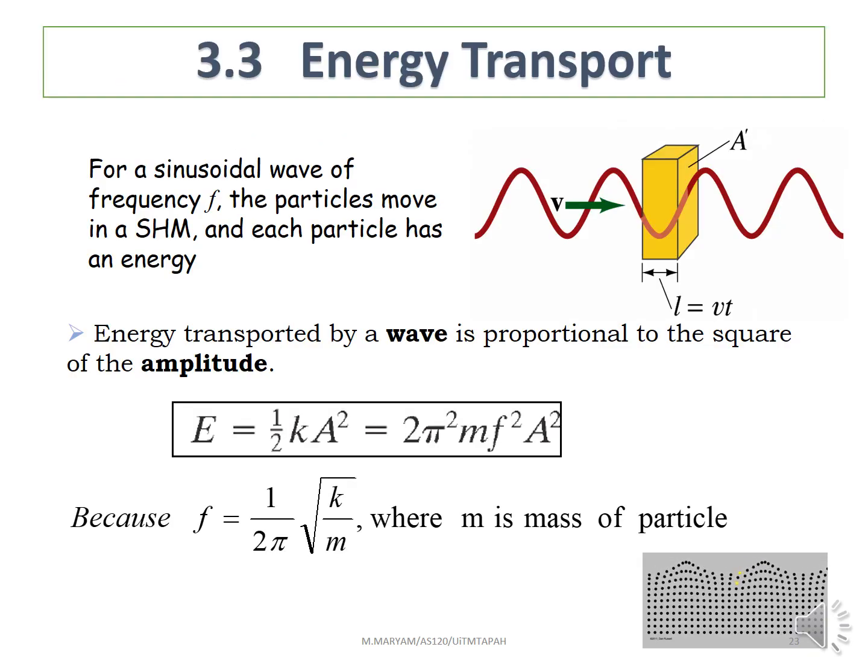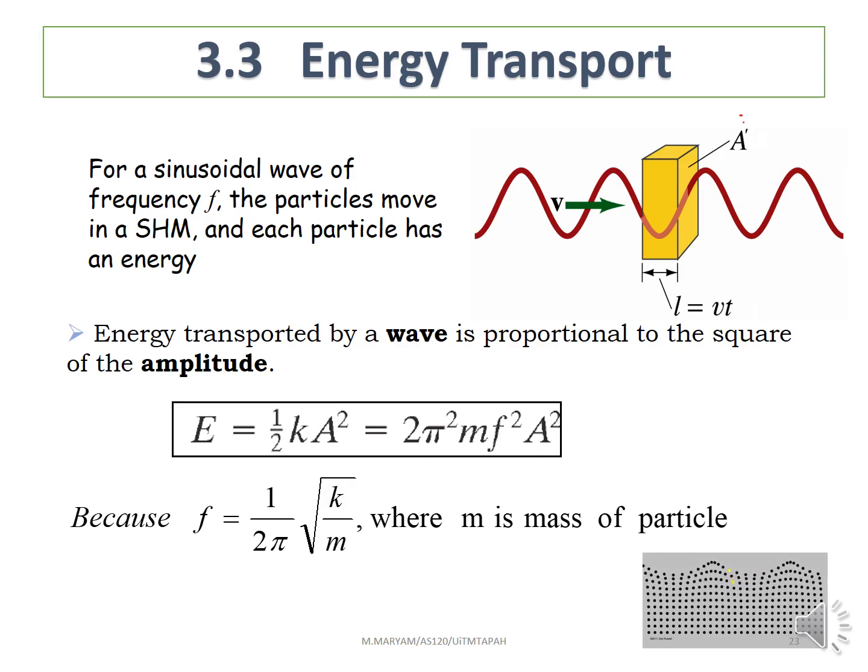Alright, the last subtopic for today is energy transport. For a sinusoidal wave of frequency f, the particles move in simple harmonic motion and each particle has energy, as you can see in the figure. When there is velocity, there is energy.